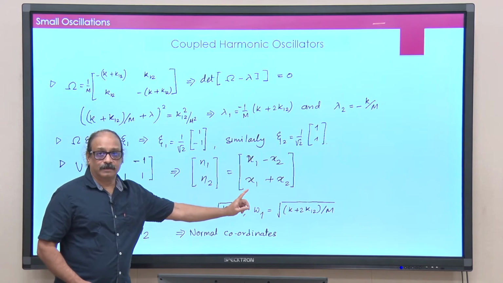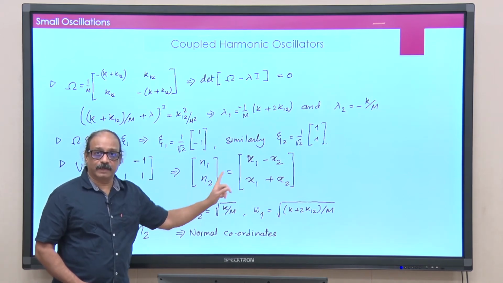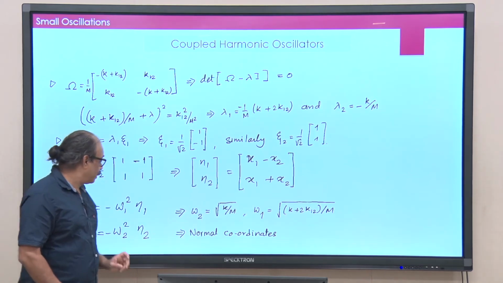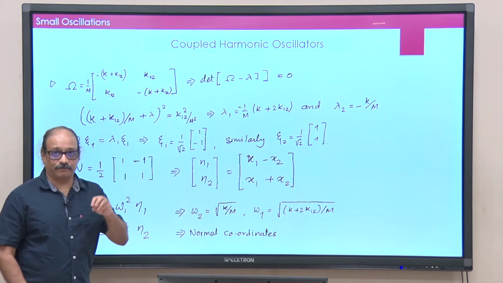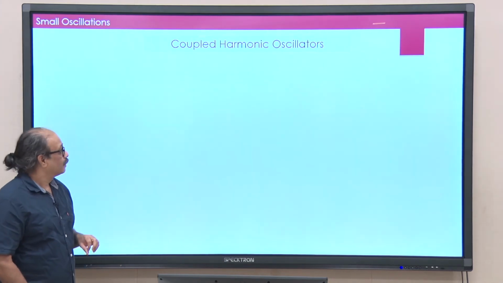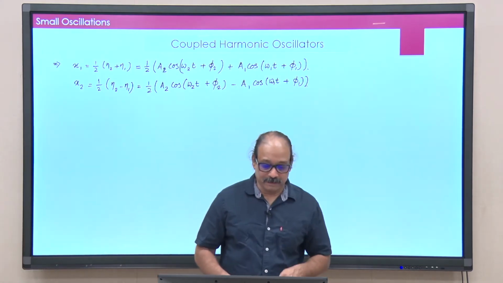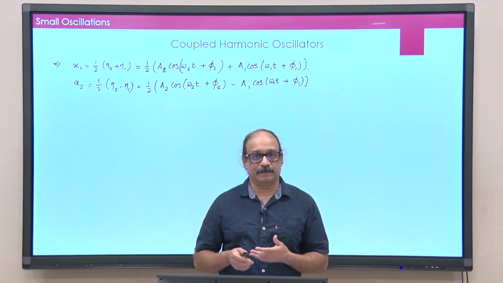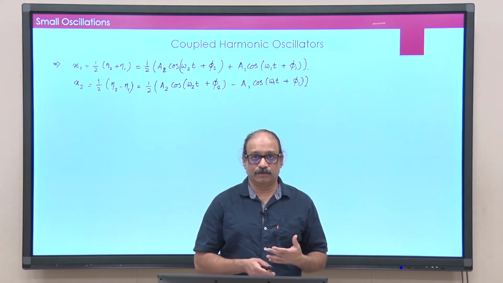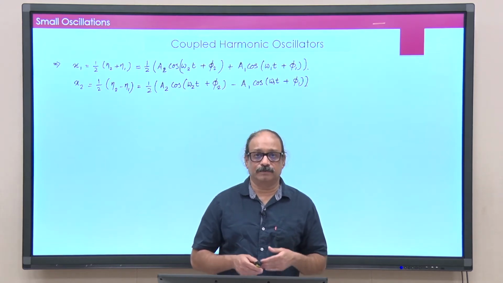Invert this to find x 1, x 2 in terms of eta 1, eta 2, because we already know solutions of eta 1 and eta 2. So, if I invert that, what I get is this: x 1 will be half of eta 2 plus eta 1 and x 2 will be half of eta 2 minus eta 1.